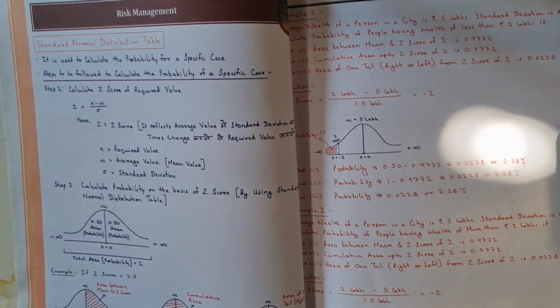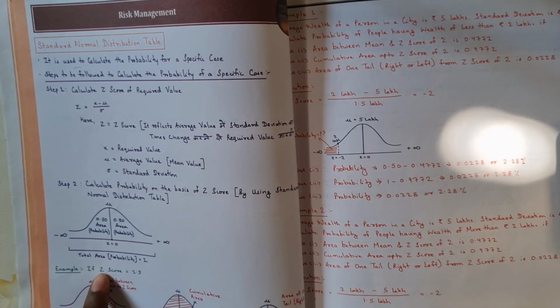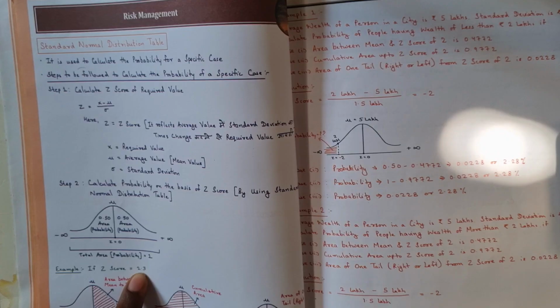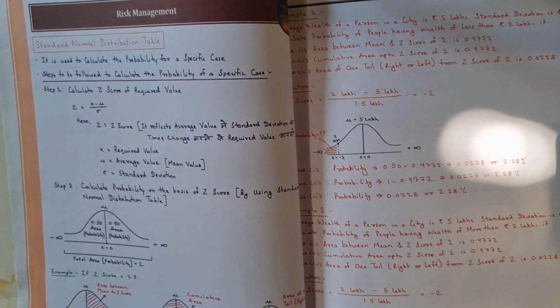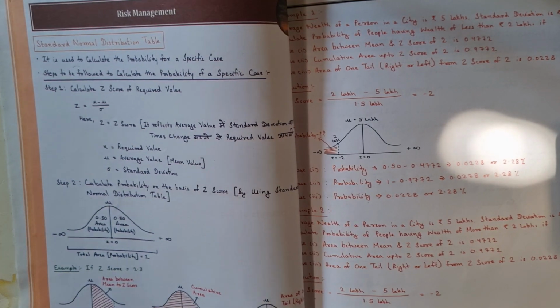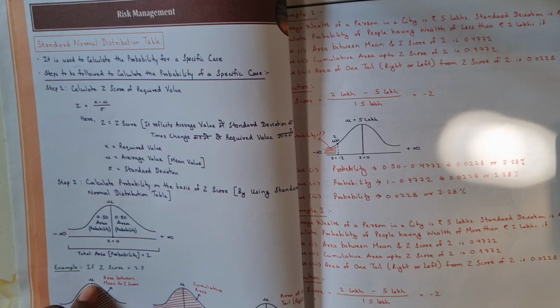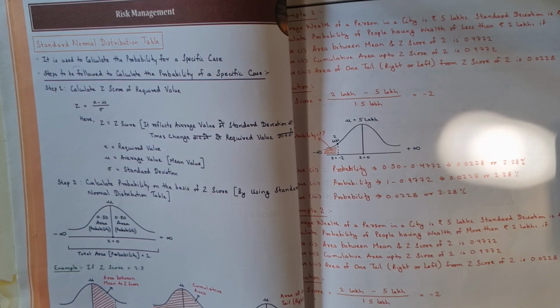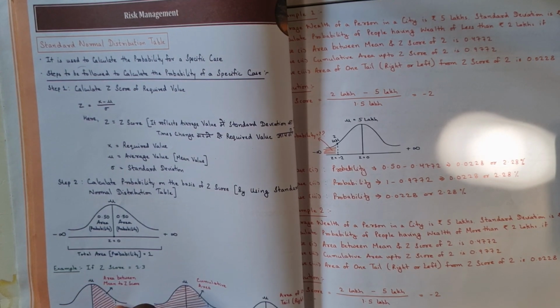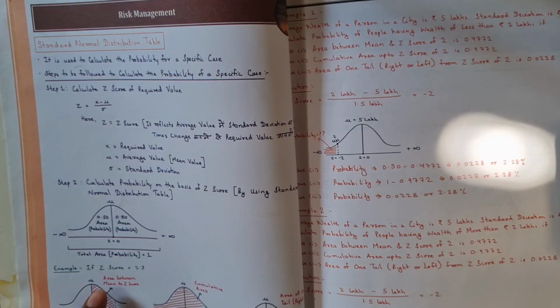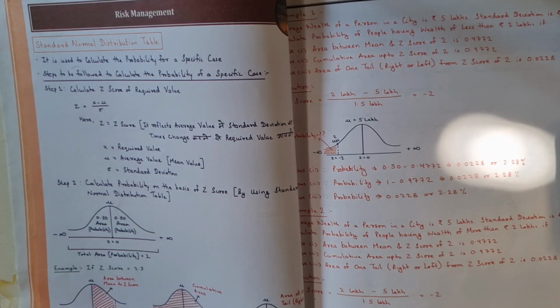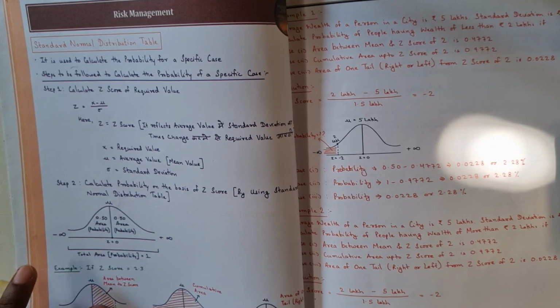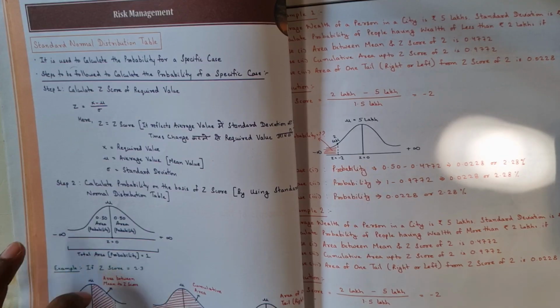Here are some examples we'll try to understand. If your z score is 2.3, it is positive, so how can we denote it? Firstly, 0 is my mu, and my z score is 2.3, so we'll plot 2.3 here. The area between my mean and z score is one thing we can do.